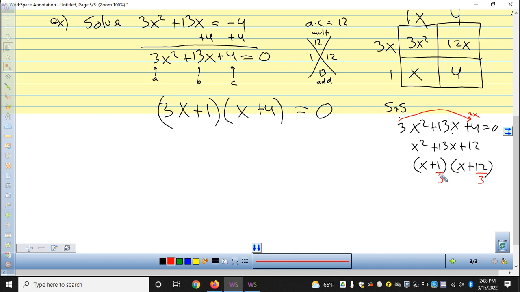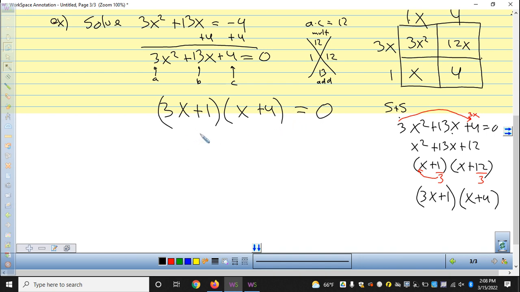This we can't reduce, so the 3 slides over. This does reduce, so we can write this as 3x plus 1 times 12 divided by 3 is 4. So I end up in the same place here.